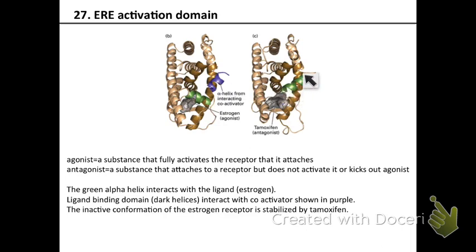So this estrogen receptor will no longer interact with the coactivator. So in the presence of the tamoxifen, the estrogen receptor will not be able to activate transcription. Okay? So that's how an agonist and antagonist can regulate this.